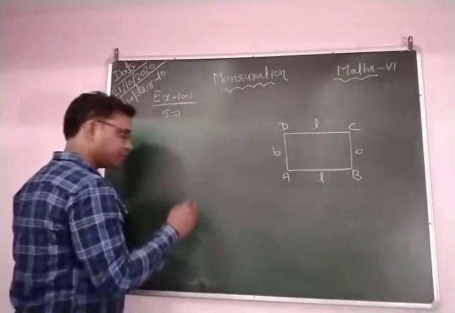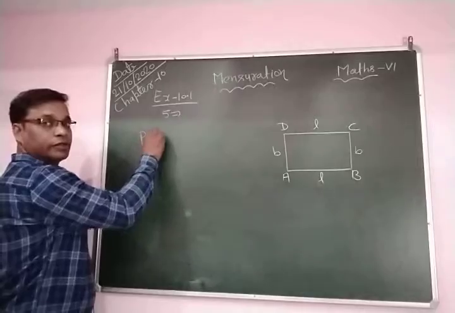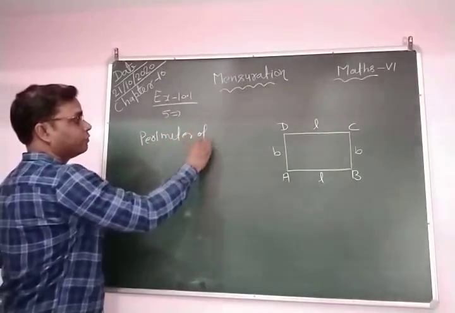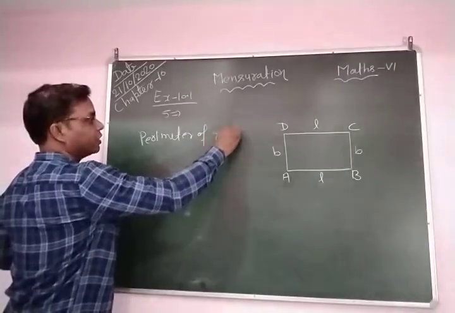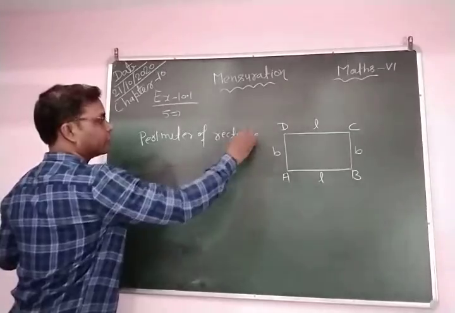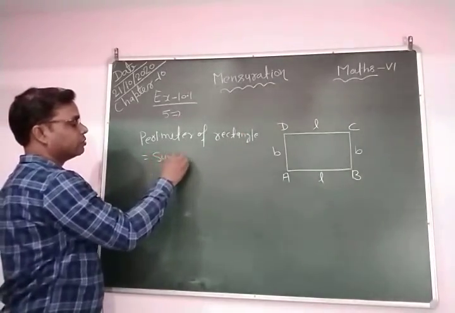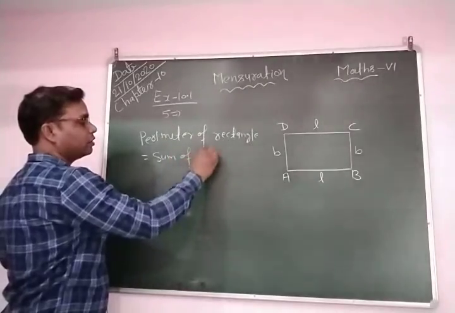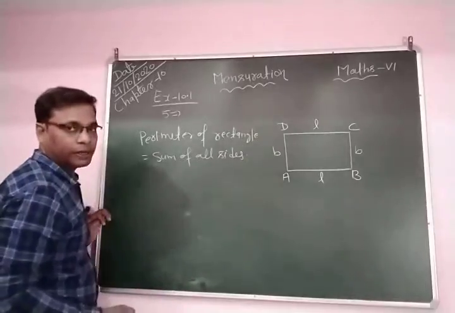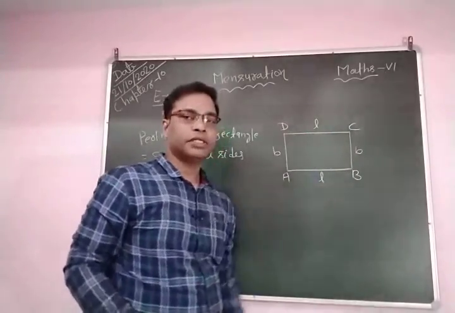So you can write here: perimeter of a rectangle is equal to the sum of all sides. This is the length of the boundary, which is AB plus BC plus CD plus DA.